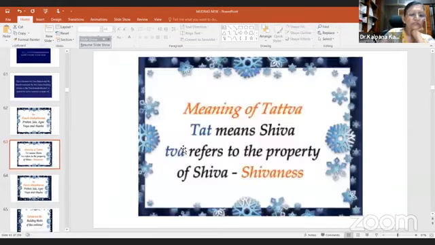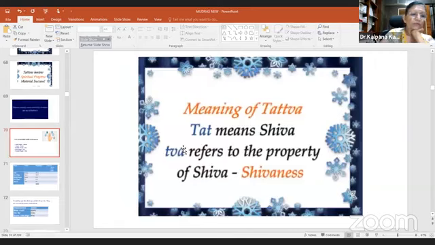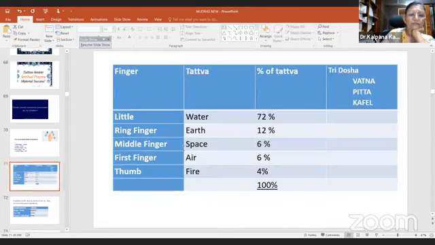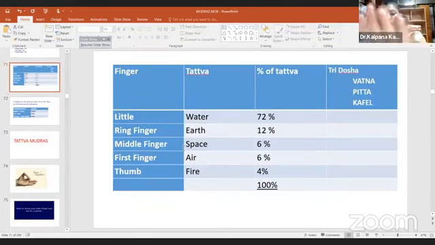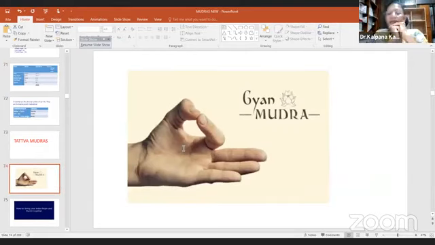Okay, so we already spoke about Panch Mahabhut. You know about the 5 fingers, you know which finger is which, and you know the percentages. I'm going to the next slide. What is water? What percentage is water? 72. Earth, 12.